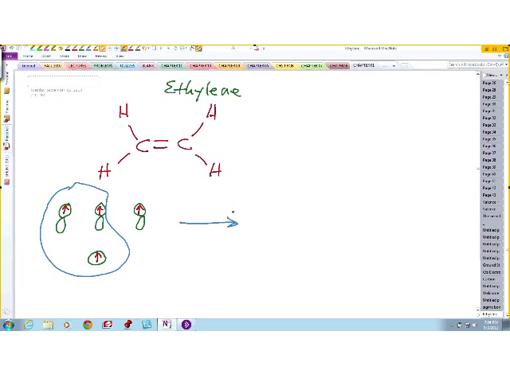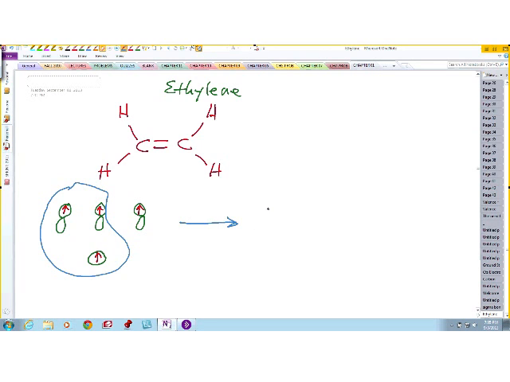Whenever a carbon atom is getting ready to bond to 3 other atoms, keep in mind, only 3 other atoms, what it does is simply to mix only 3 of the valence orbitals. In this case, the 3 orbitals that will be mixed will be 1 s and 2 of the p orbitals. You follow that? Okay?